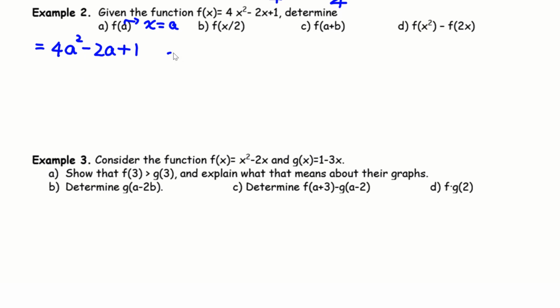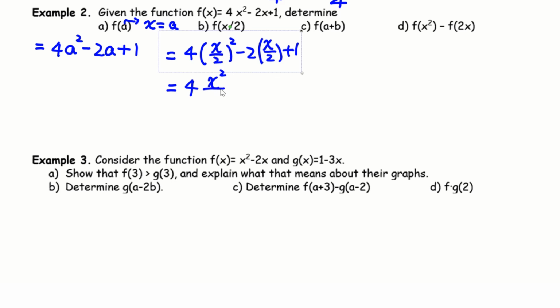And the same thing, so this time the input is x over 2, so we change the x to x over 2, squared, minus 2, the x changed to input x over 2, then plus 1. Then we do the simplification, so x over 2 times x over 2, we have x squared, then 2 squared is 4.